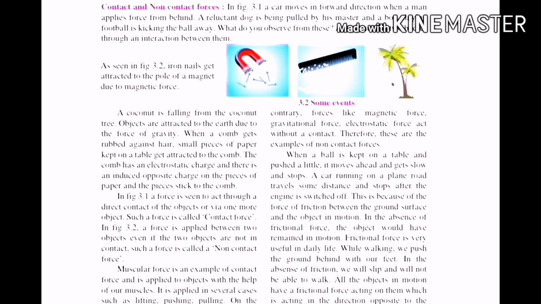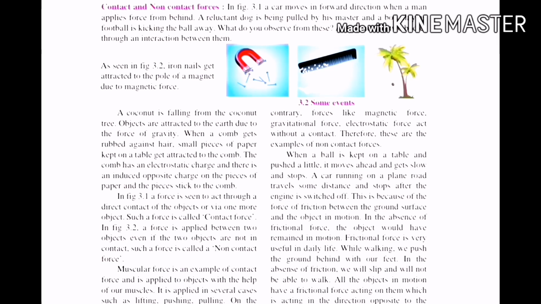So students, are all of you clear about what I am saying? Once again, listen carefully. Take any two objects and rub them on each other. Then their velocity or speed decreases. That force is called frictional force.